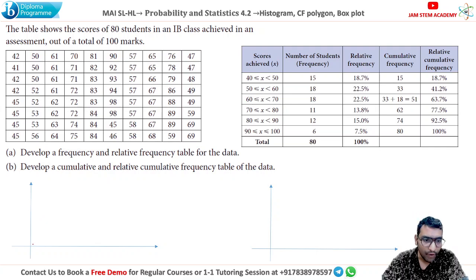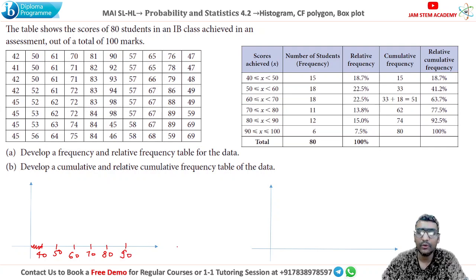So for the histogram, we need to mark the points. Here the data is starting from 40, right? So make a kink. Let's start values from 40 to 50, then 60, then 70, then 80 and 90.